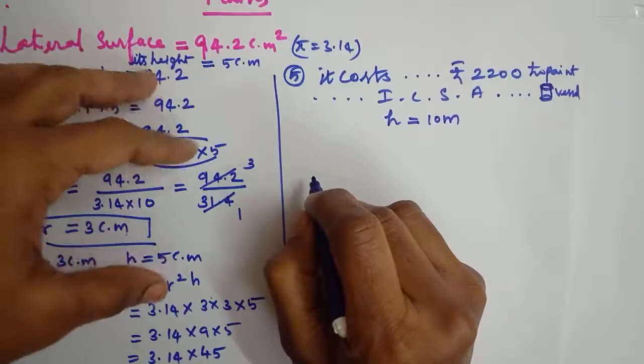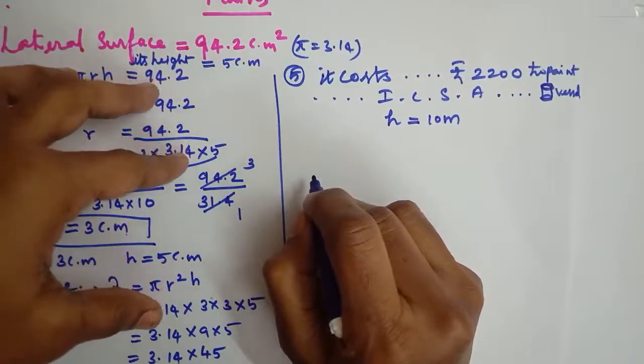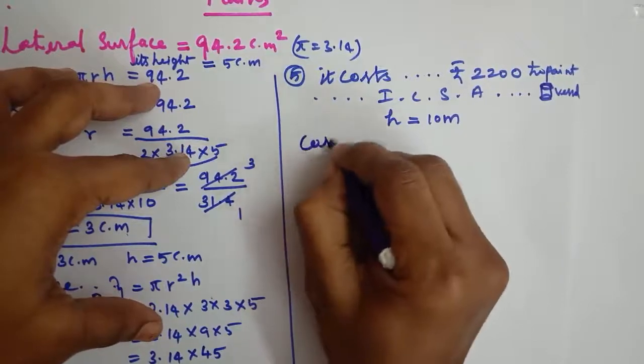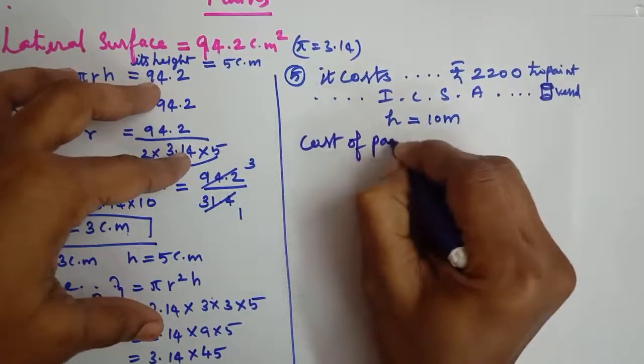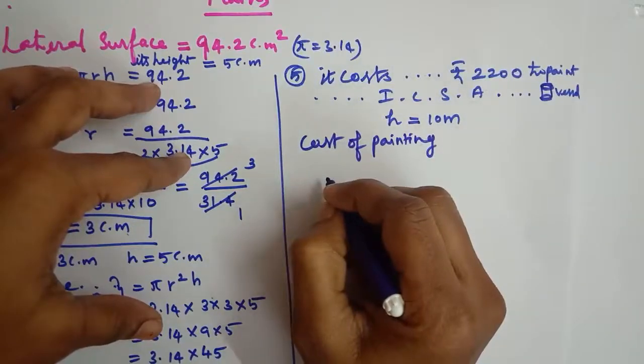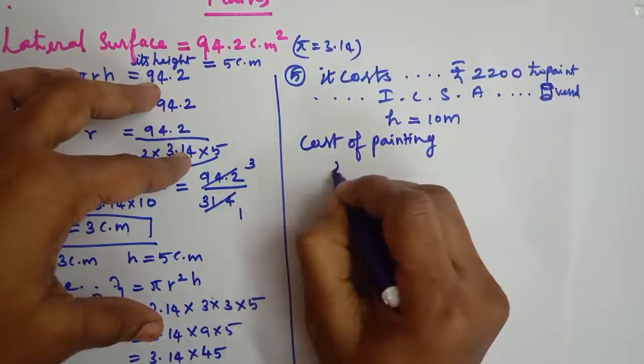If the cost of painting is at the rate of rupees 20 per meter square, so cost of painting, students listen, at the rate of rupees 20 per meter square.